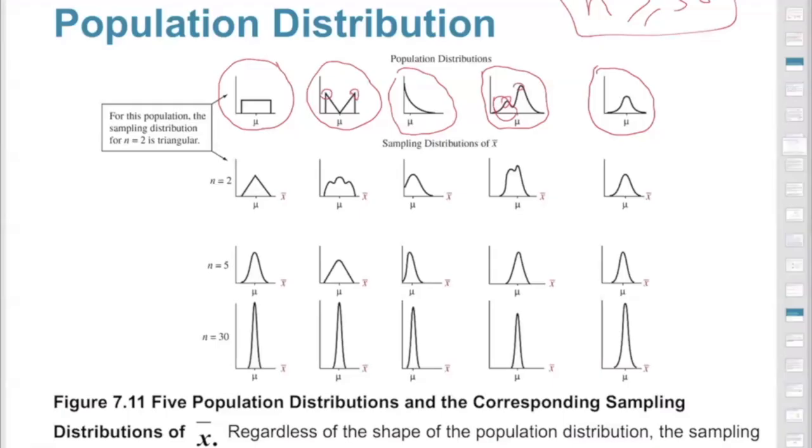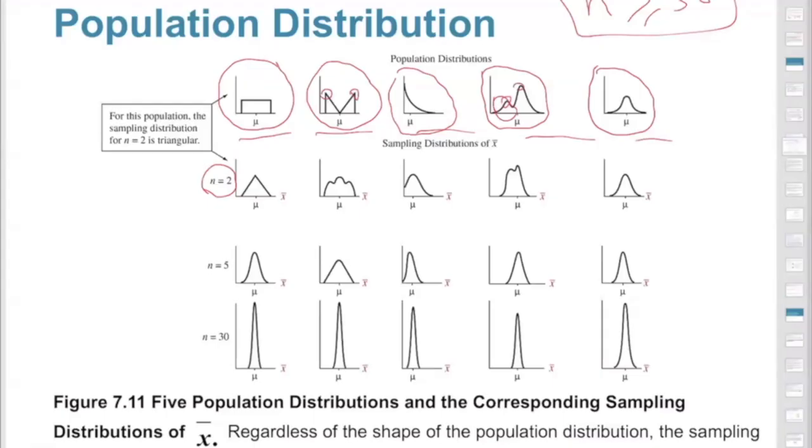So suppose you have from these distributions a sample size n equal to 2, just 2 observations. You take all possible samples from this distribution, all these samples have size 2.